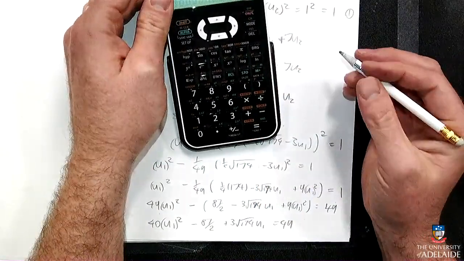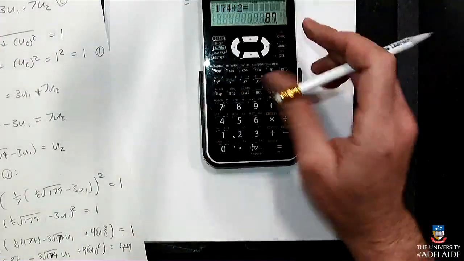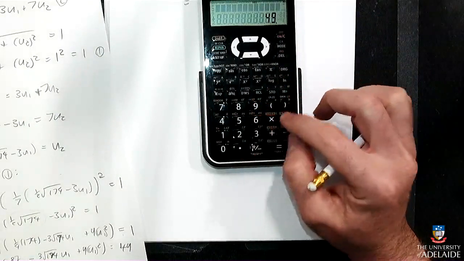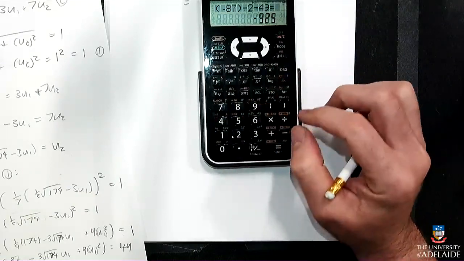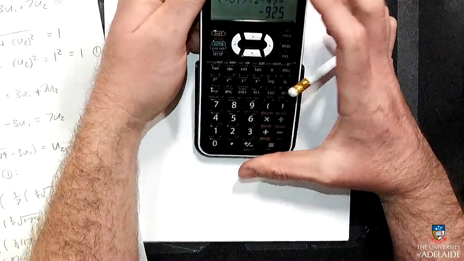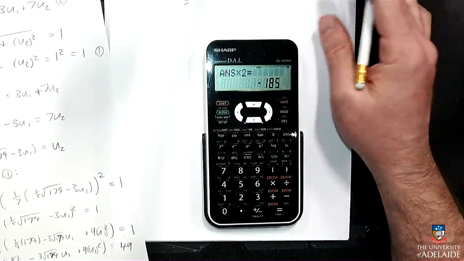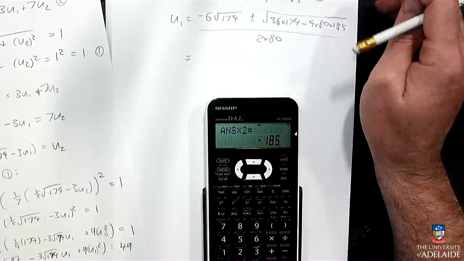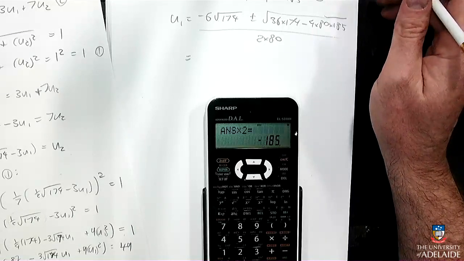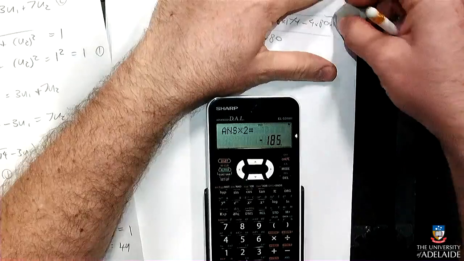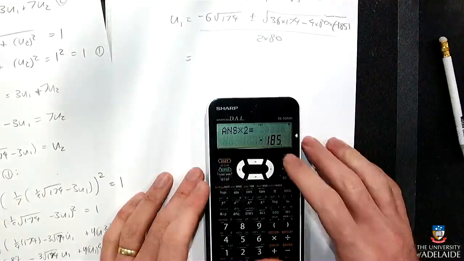Seven. 49. It's minus 185, which would make that a plus.